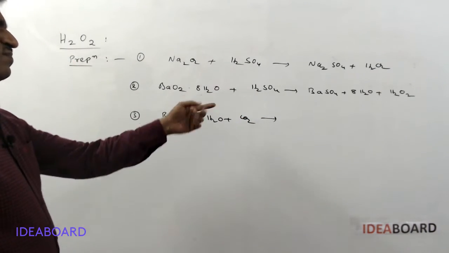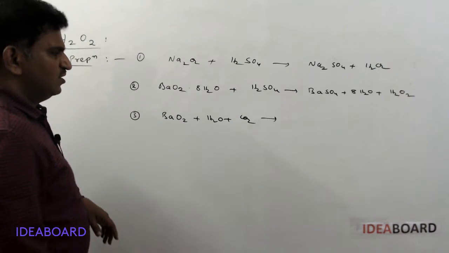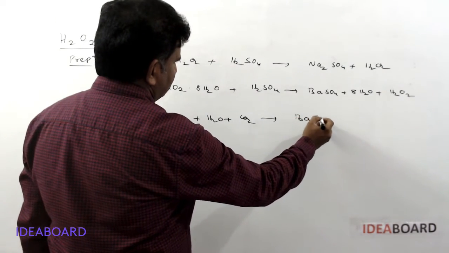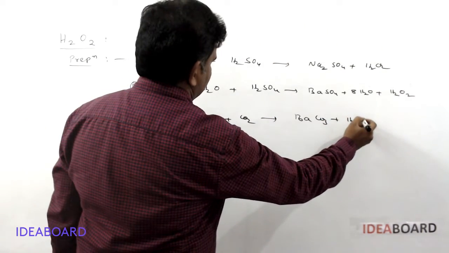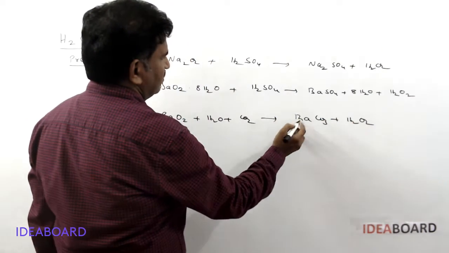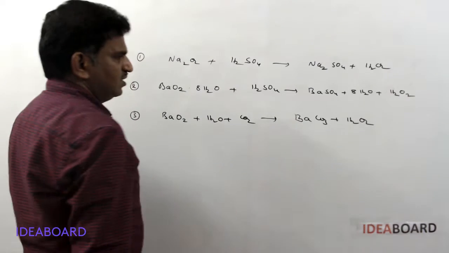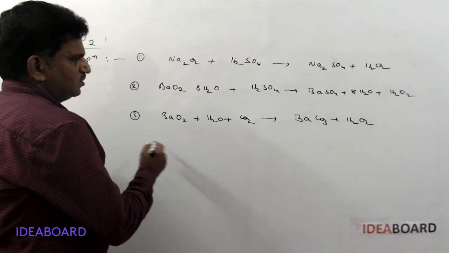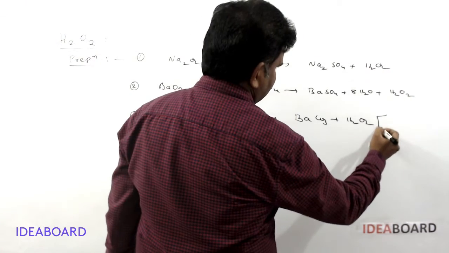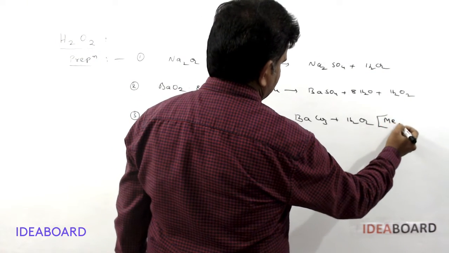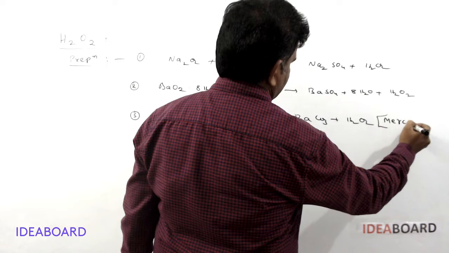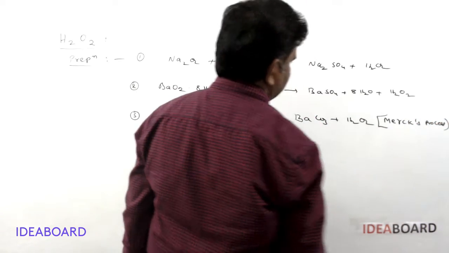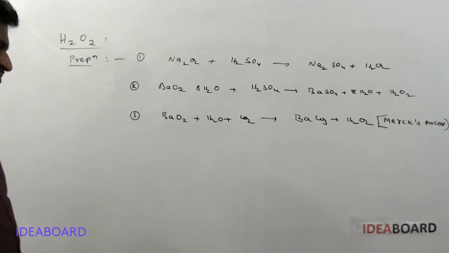Instead of taking sulfuric acid directly, we can use this method, and in this we are getting BaCO3 plus H2O2, barium carbonate, and hydrogen peroxide is formed. This process is also called Merck's process. So please remember this is a special method, Merck's process.